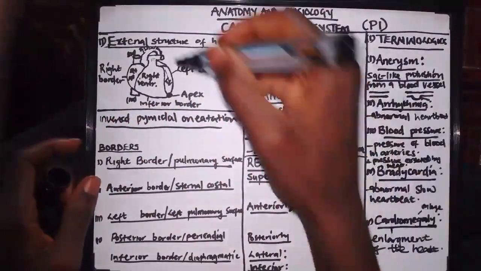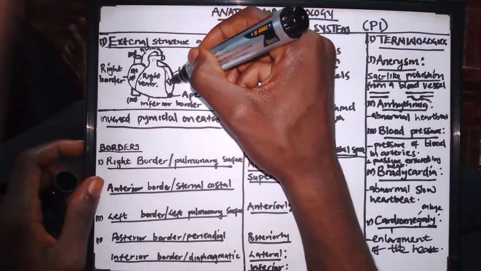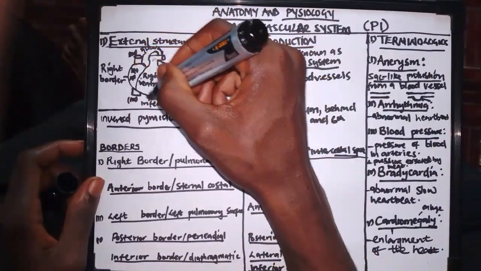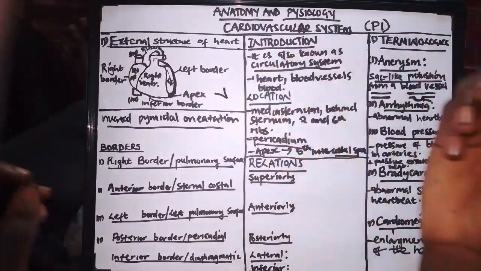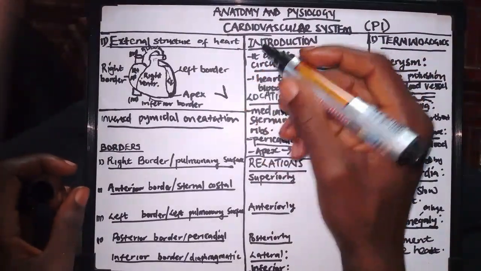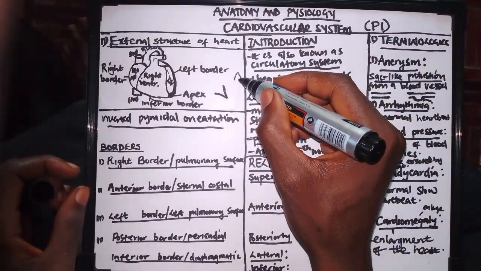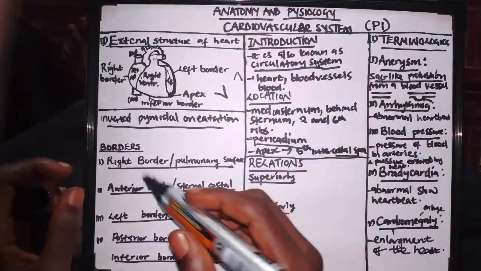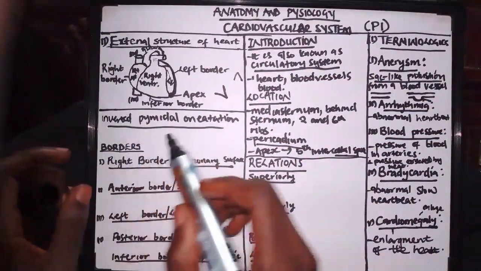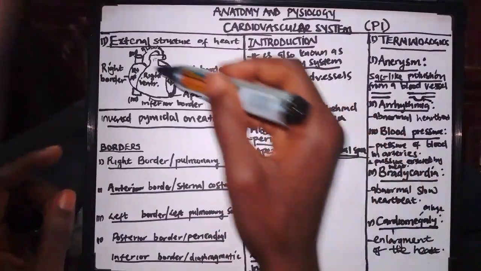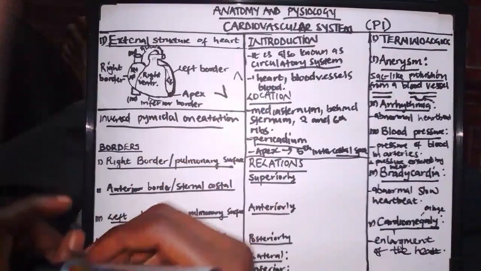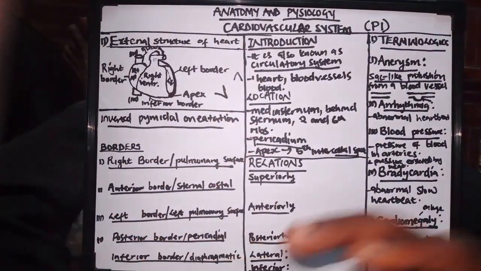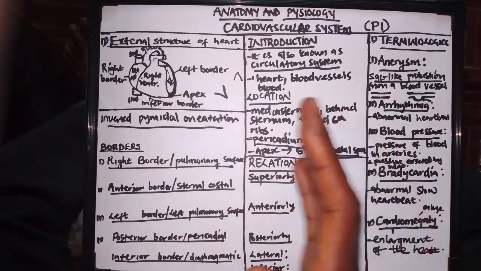If you can see here, we have something which looks like a V. Pyramids normally look like this, but in our case we said it is inverted pyramidal orientation, meaning the orientation is inverted. So that's the orientation of the heart.